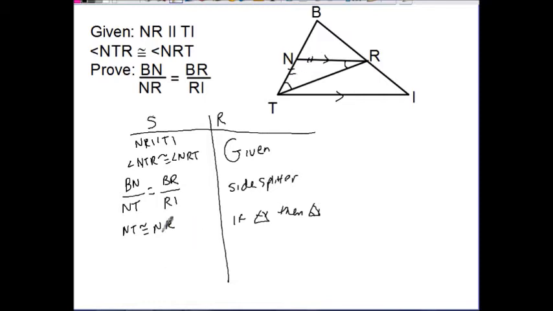Now, as long as we know we have congruency, one can replace the other. So I'm going to take that NT, and replace it with NR. BN over NR equals BR over RI by substitution.